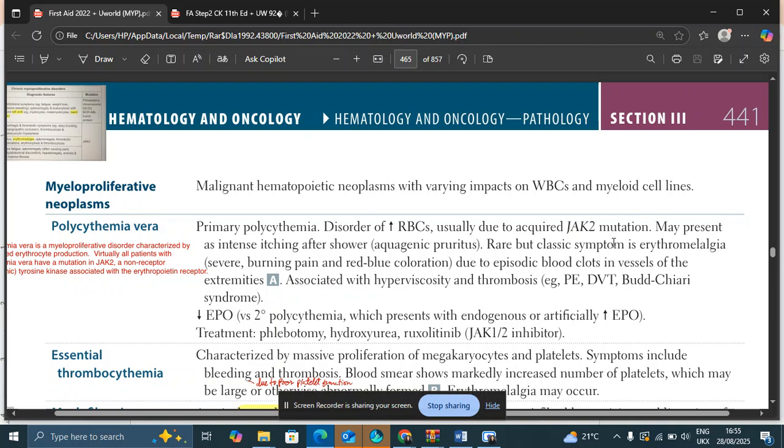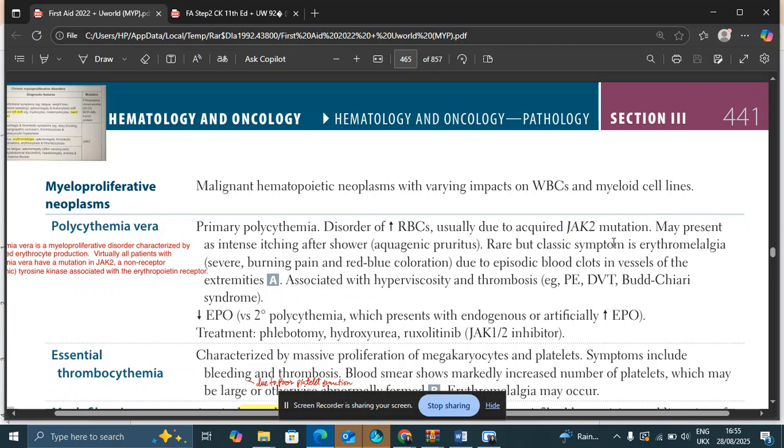So, if there is a mutated JAK2, it leads to excessive production of RBCs, WBCs, and platelets, but mostly it affects RBCs. That leads to hyperviscosity and thrombosis.